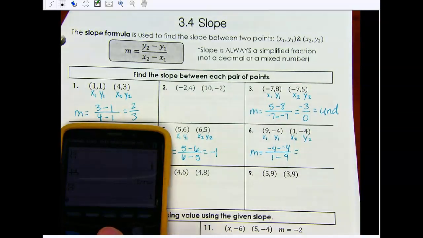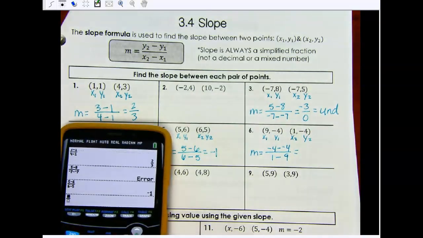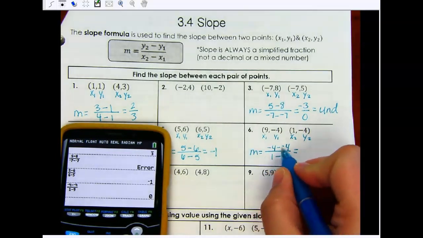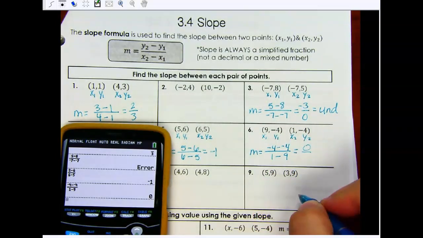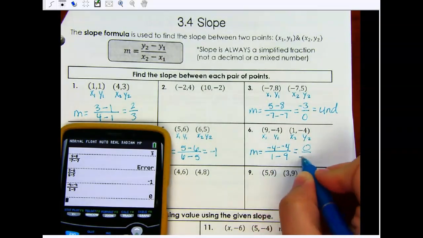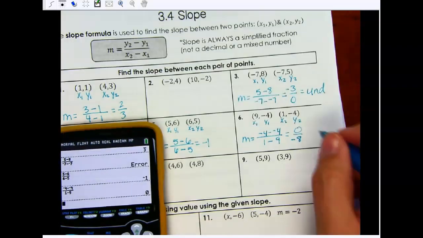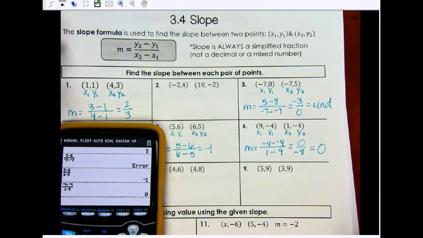Let's put that in our calculator. That one is 0, because negative 4 minus negative 4 is 0, and 1 minus 9 is negative 8. But 0 divided by anything is 0.